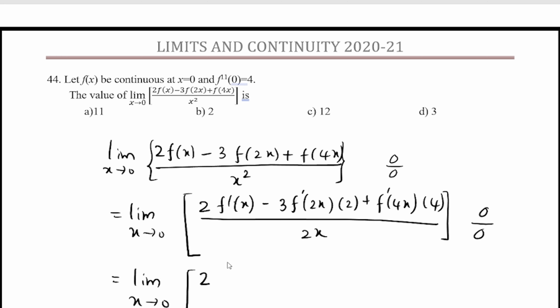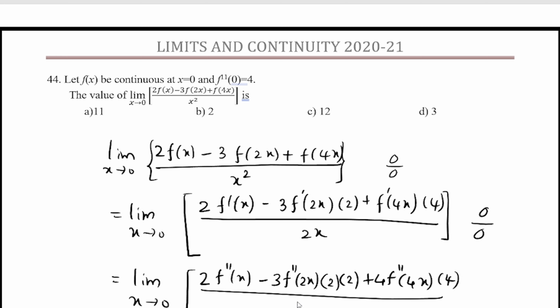Now here 2 constant, derivative of f dash x is f double dash x, minus 3 derivative of f dash 2x is f double dash 2x into derivative of 2x is 2, and one more 2 is there, that 2 write as it is, plus 4 constant as it is. Derivative of f dash is f double dash 4x into derivative of 4x is 4, divided by derivative of 2x is 2.